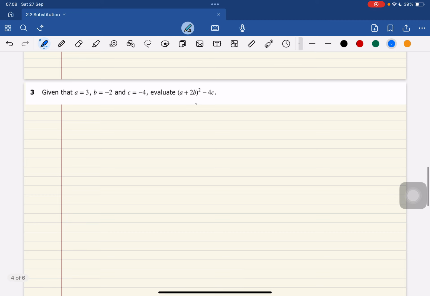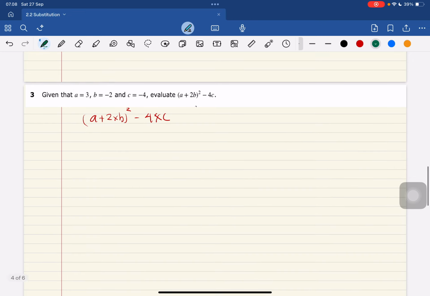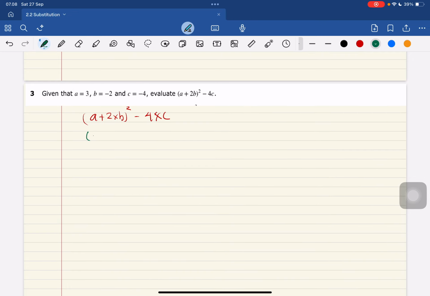For number C, evaluate again. So this is A plus 2 times B, and then make it squared, minus 4 times C. Okay, let's substitute. A is 3, so 3 plus 2 times minus 2, make it squared, and then 4 times minus 4.